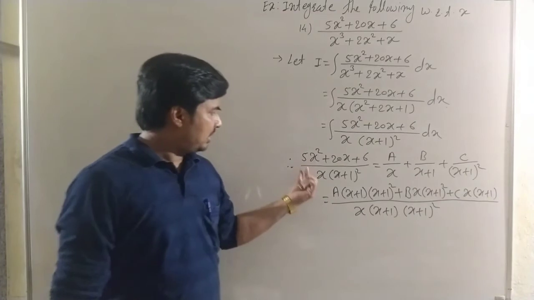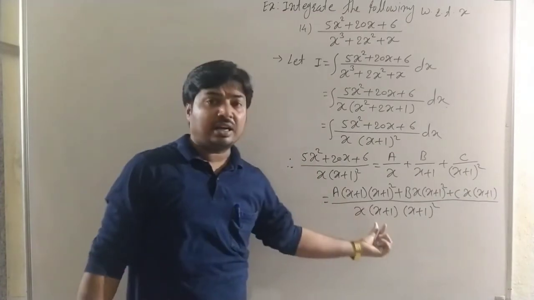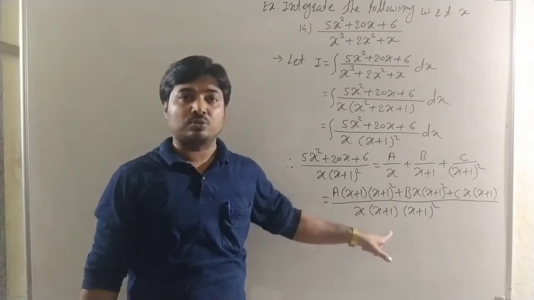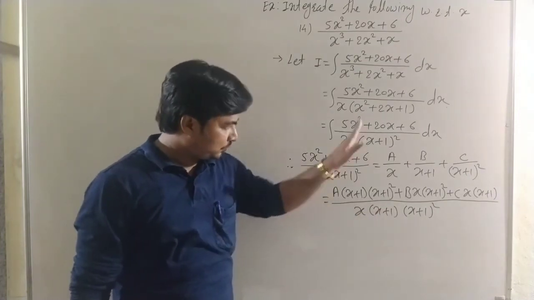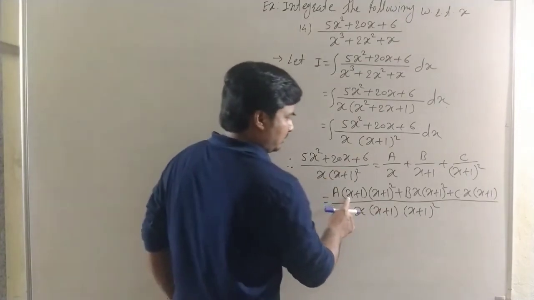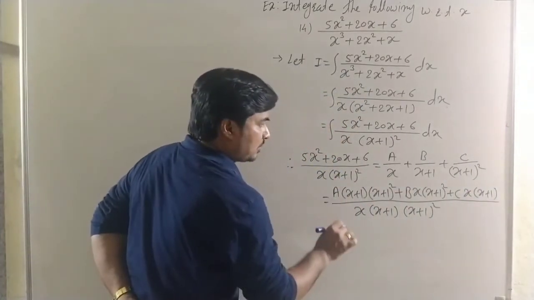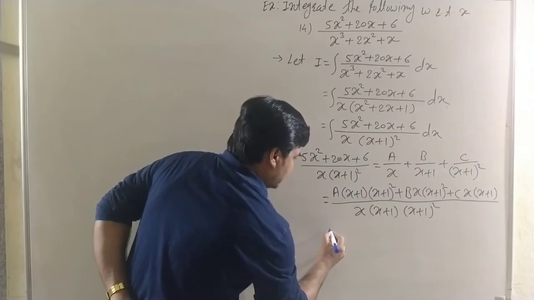Now compare the denominators of LHS and RHS. In the RHS there is one extra term, that is x + 1, so this x + 1 gets cancelled.